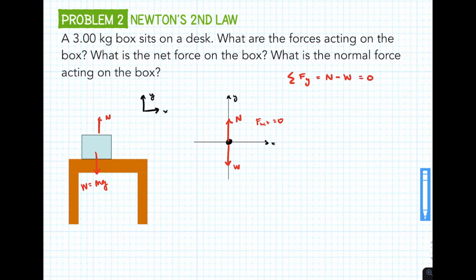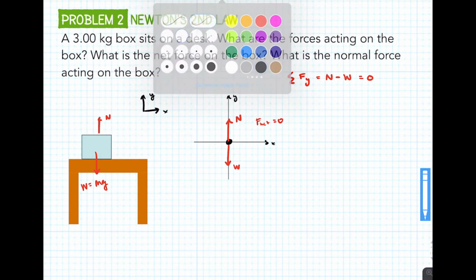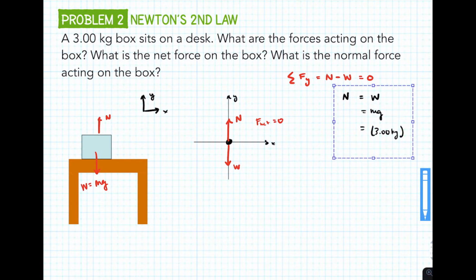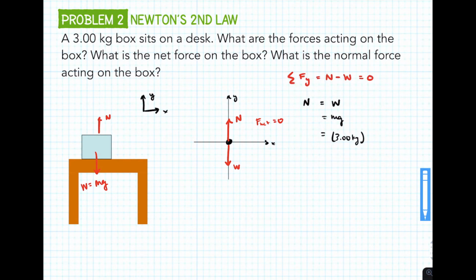It also wants to know what the normal force is acting on the box. So if we want to solve for that, we know that normal force in this case is equal to weight. We know that weight is equal to mg. We know that the mass is 3 kilograms, and g is 9.8 meters per second squared.